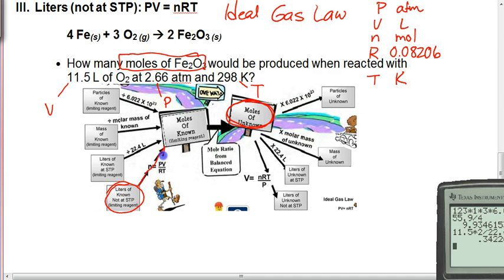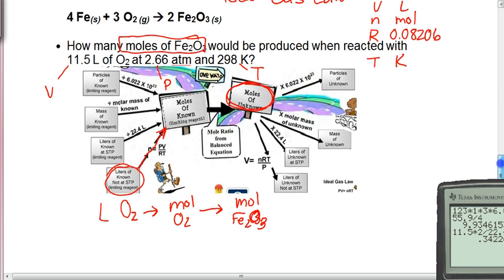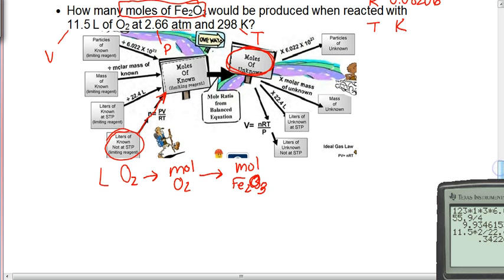So first we're going to use PV = nRT to go from liters of oxygen to moles of oxygen. Then we will go from moles of oxygen to moles of iron 3 oxide. It's just like the previous one, except instead of using 22.4, we have to use PV = nRT.